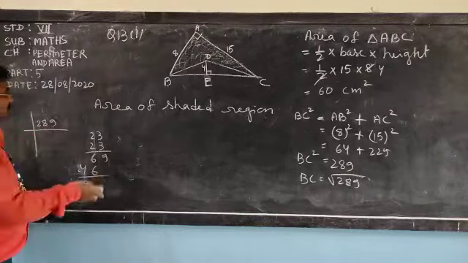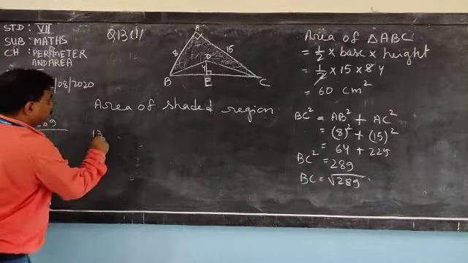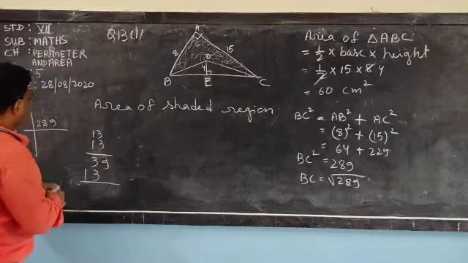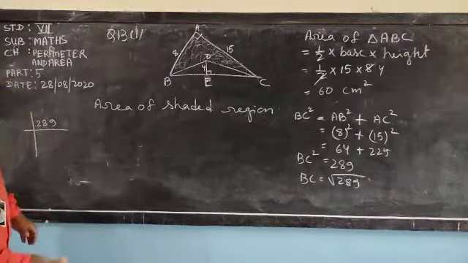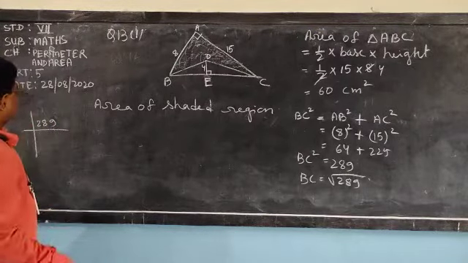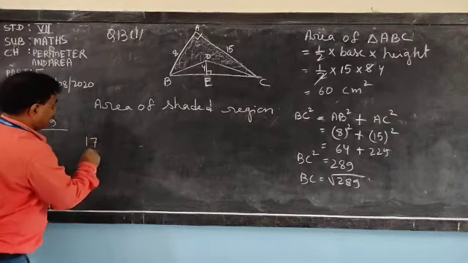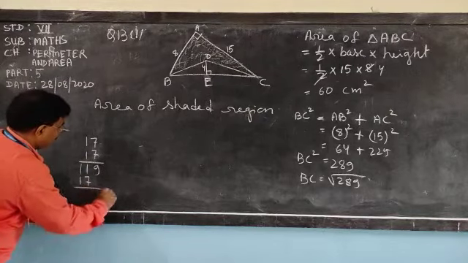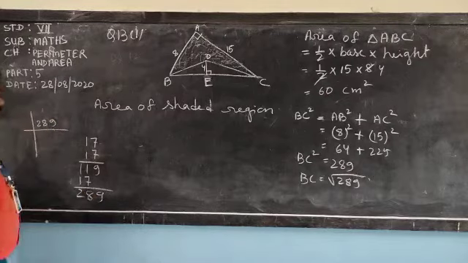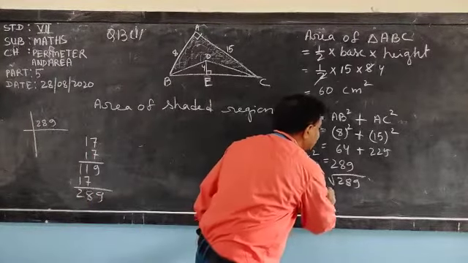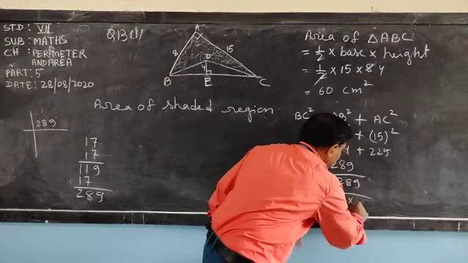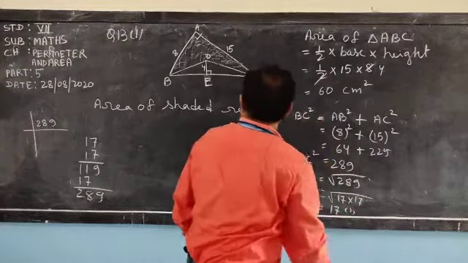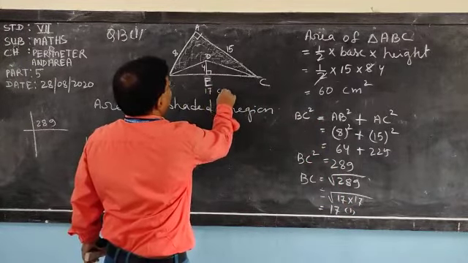Let us say 13. 289 is root over 17 into 17, and it is equal to 17. So 17 centimeter, this BC we have got.